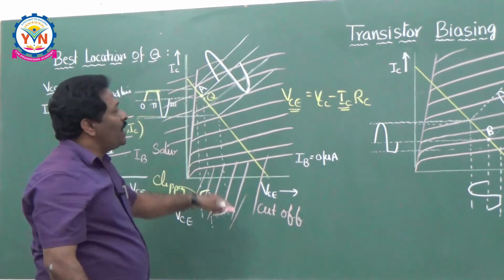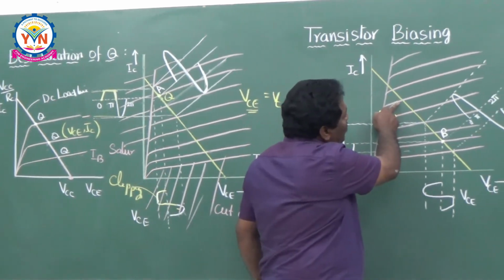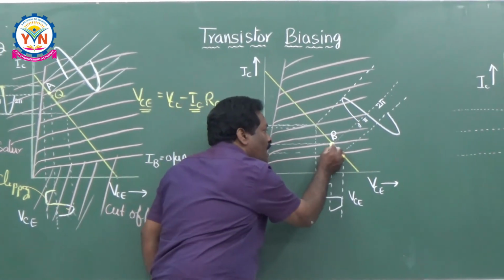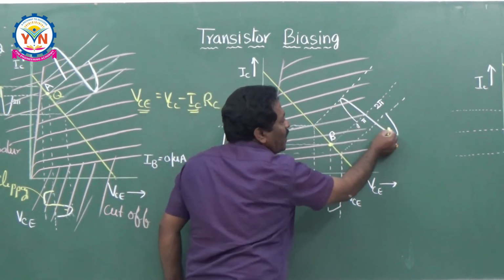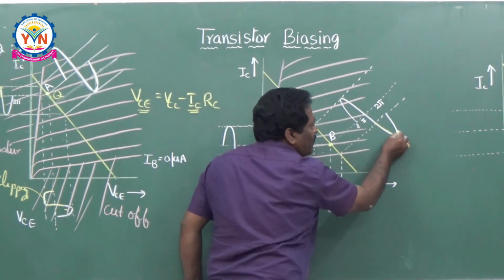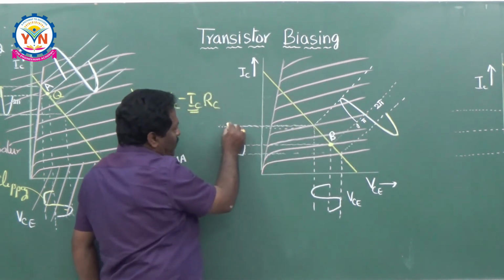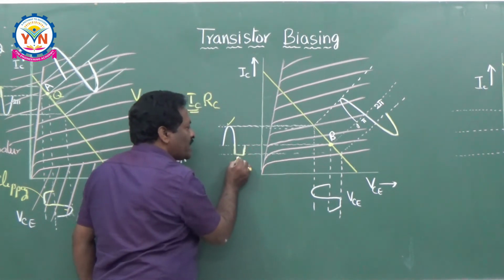In a similar way, in this figure, the operating point is shifting towards the cutoff region. Here B is the operating point now, and if you see the base variation here, this negative cycle will be clipped off. So whenever you take the output collector current, the positive side is okay, but the negative side is clipped off. Why is it clipping?